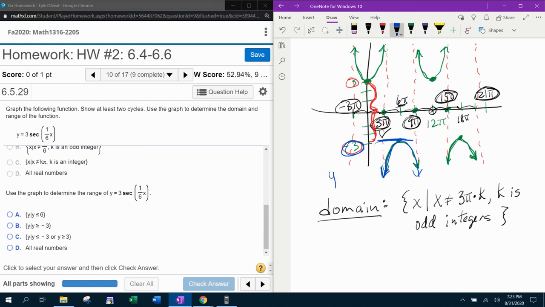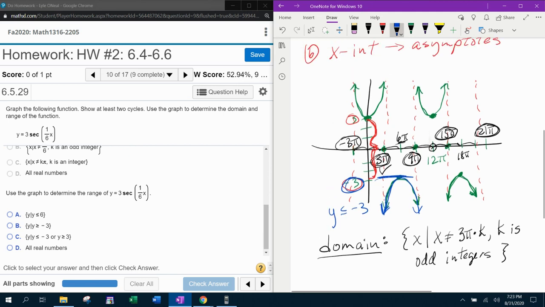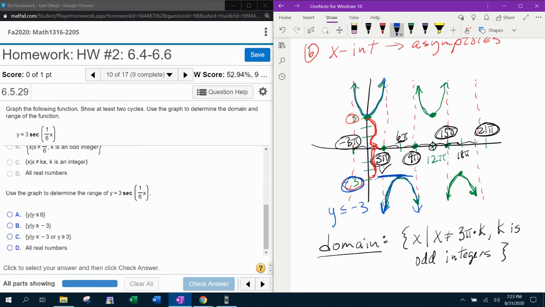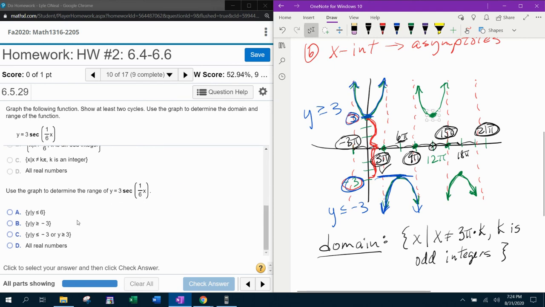So that's going to be y has to be less than or equal to -3. And then for the up humps, these are going to go up to infinity, and the lowest that these up humps can ever be is +3. And so this would have to say y is greater than or equal to 3. That's where the graph exists.